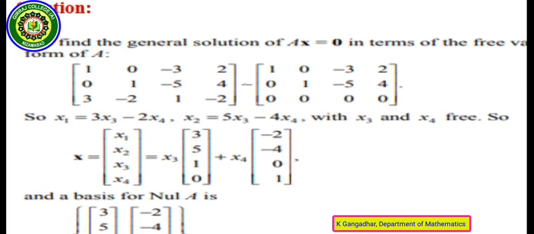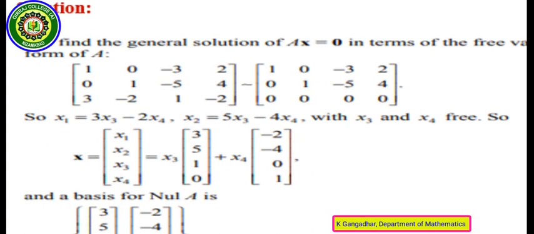From the upper triangular matrix we write the equations: 1 into x1 plus 0 into x2 minus 3 into x3 plus 2 into x4 equal to 0. In the same way, the second row: 0 x1 plus x2 minus 5 x3 plus 4 x4 equal to 0. The last row elements are zeros. Here we get two equations.